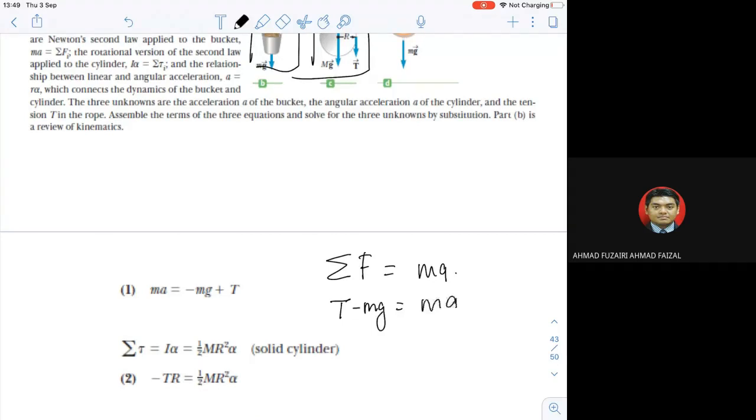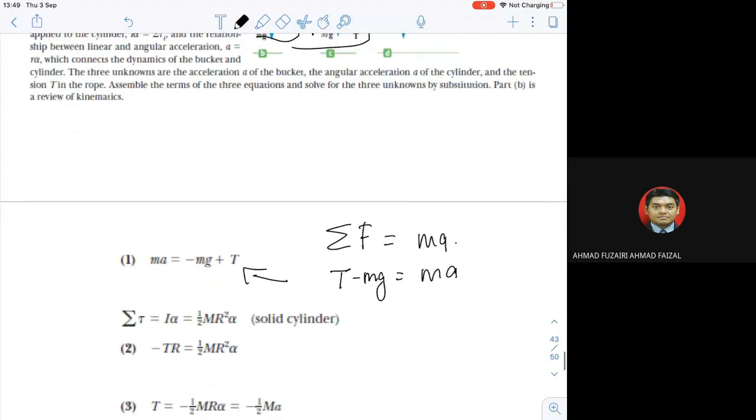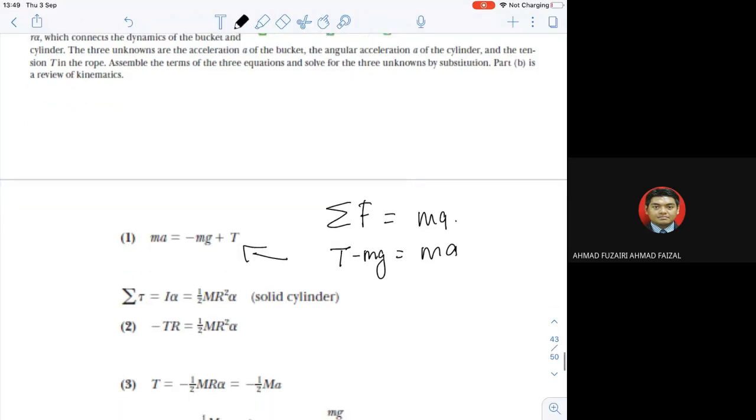The same goes to this part. So what is the summation of torque? Because before this, you learned about summation of Fx equals 0, summation of Fy equals 0, summation of torque equals 0.